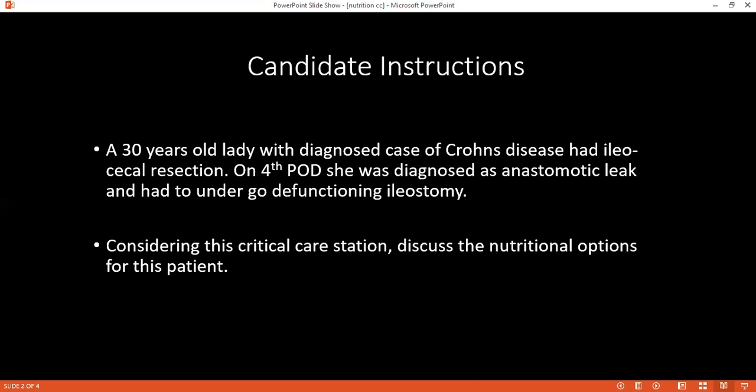Thank you. Can you please tell me what are the complications of total parenteral nutrition that we should be careful for?